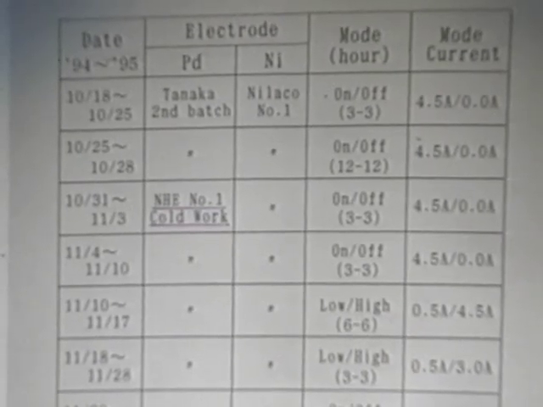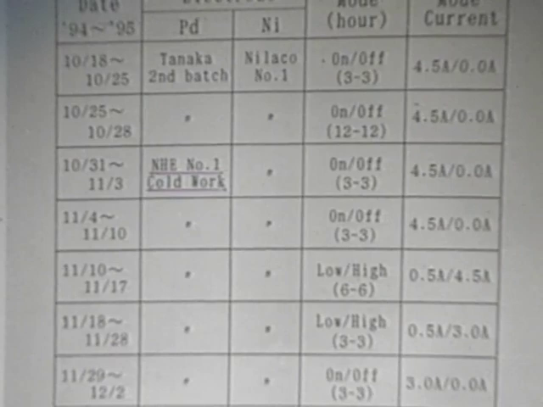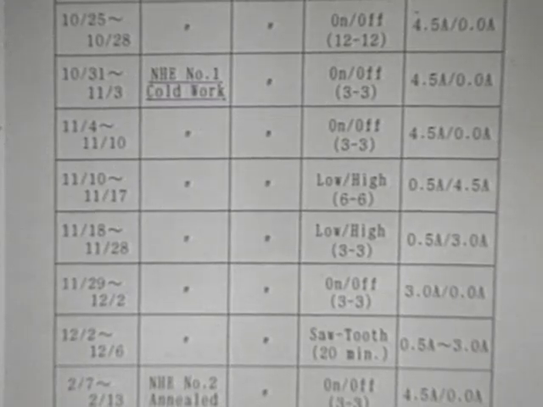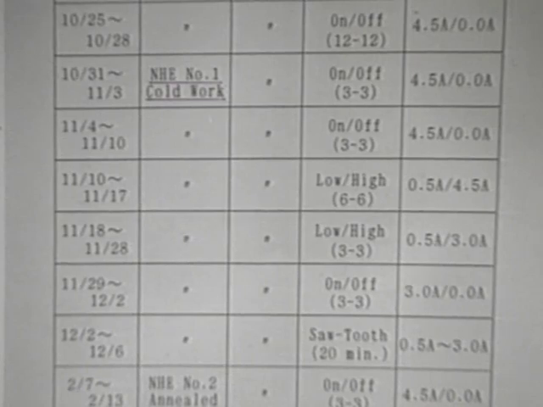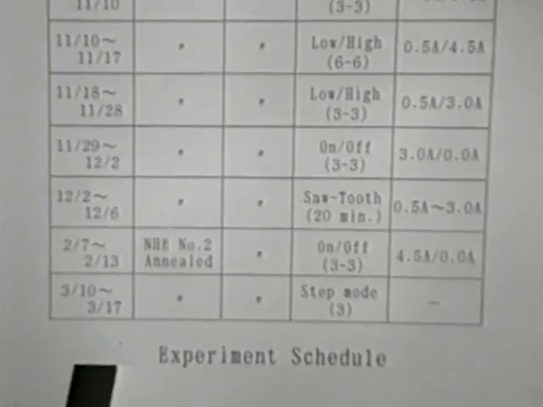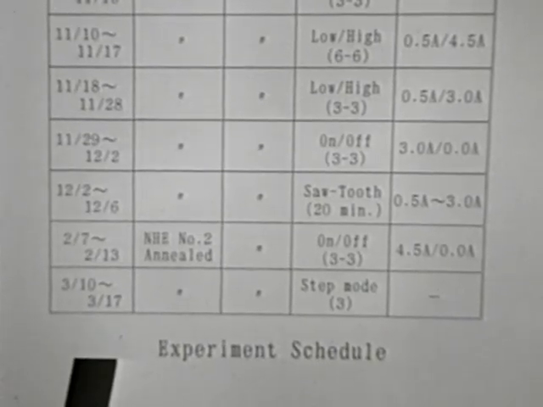And this is annealed from the same sample. And we have done low and high current mode electrolysis for about 1 month, or 40 days, I'm sorry, and another 10 days for the annealed sample. And this is still going on.